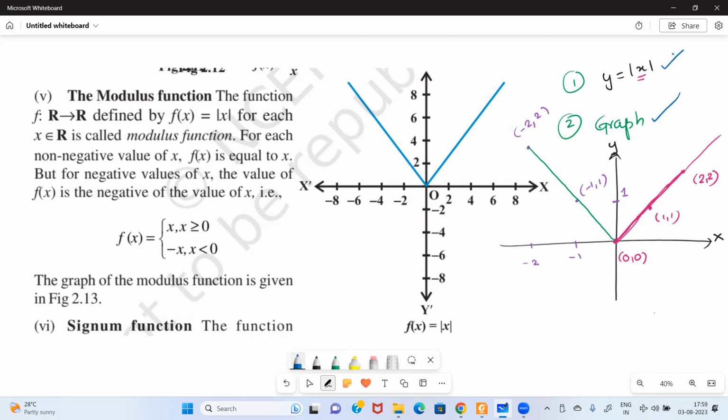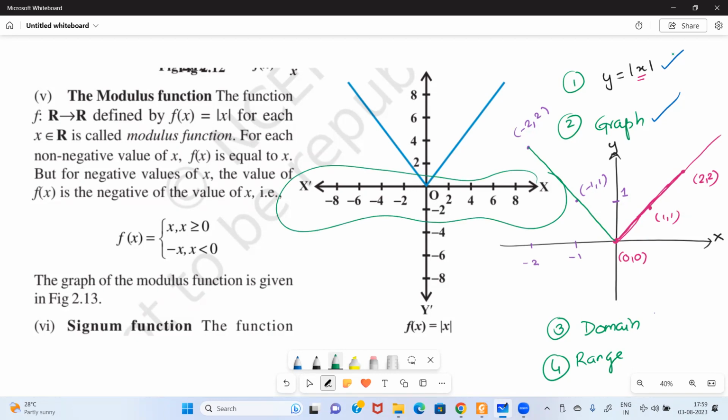So you have defined the function. You have drawn the graph. Third point is to find the domain. And the fourth is to find the range. So what is domain? Set of all values that x can take. Is there any restriction on what values x can take? If x takes some value, y becomes undefined. Is there any situation like that?